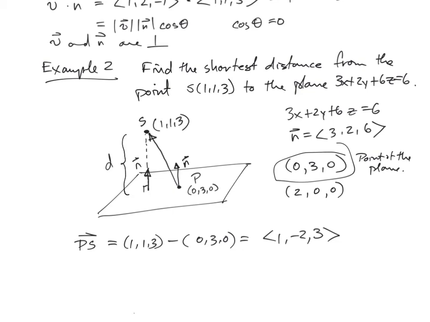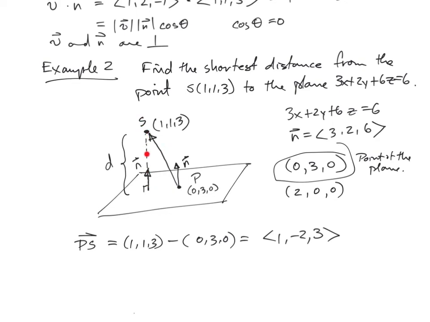Well, that distance is going to be the projection of this vector PS onto this direction, onto this line, which is defined by n. So all I have to do is find the projection of this vector, which if I put a light over here shining in this direction, casts a shadow on this line.